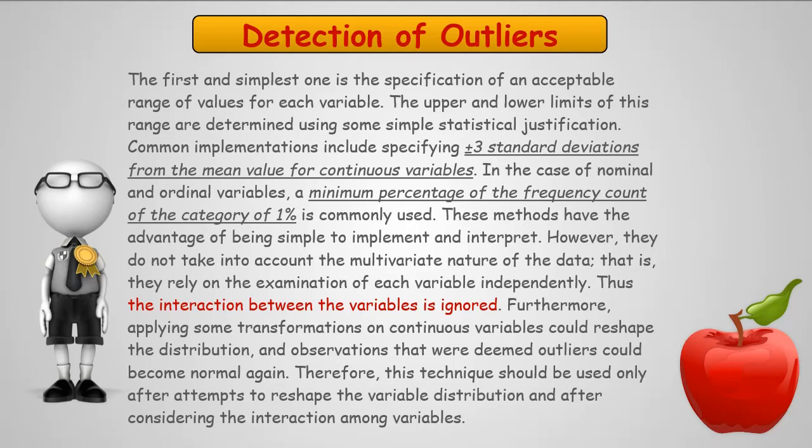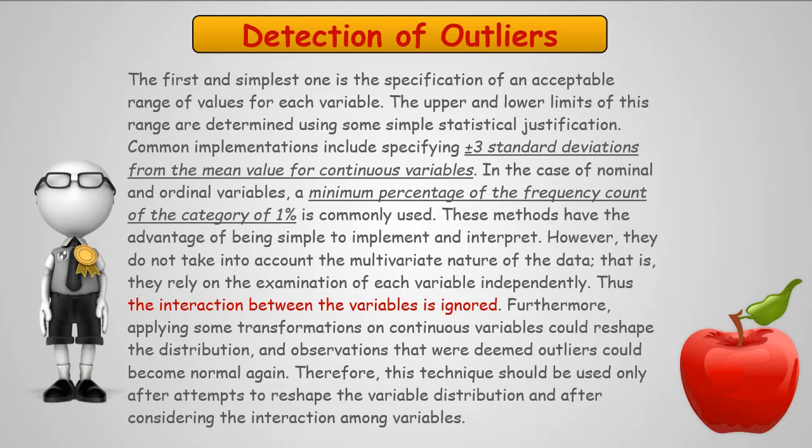Anything more than 3 standard deviations from the mean is likely a data problem and will be ignored. In the case of ordinal variables, a typical rule might be that the frequency count has to be at least 1% of the available values. Meaning if less than 1% of the population has this value, it's probably not a good value.